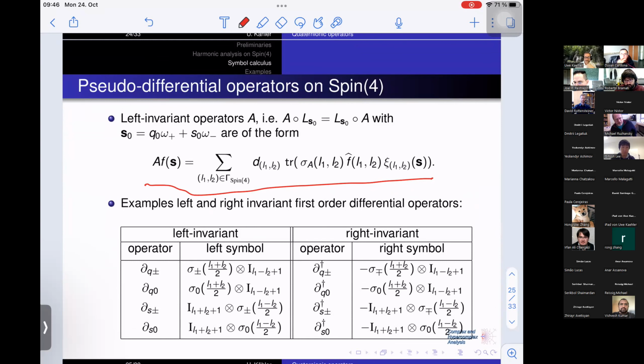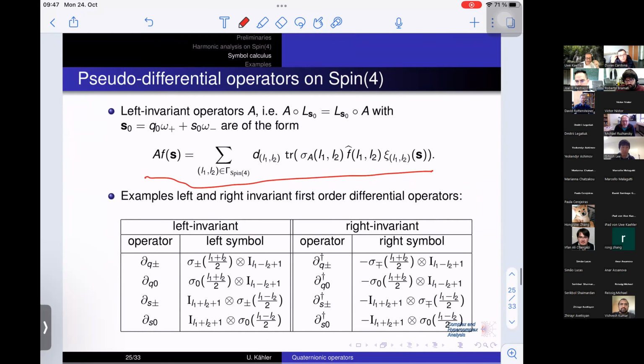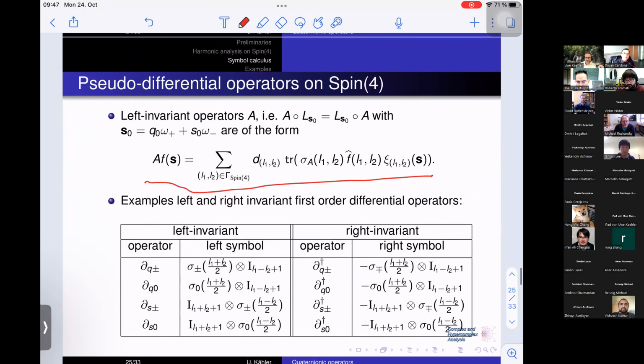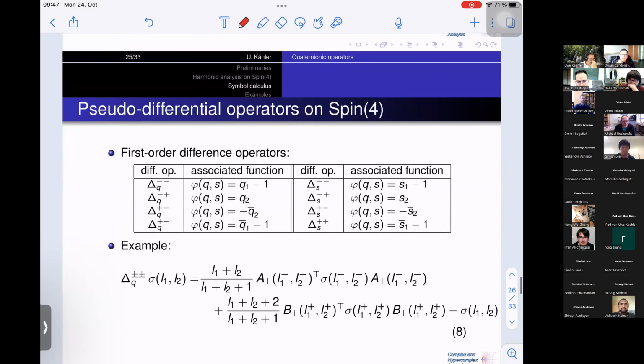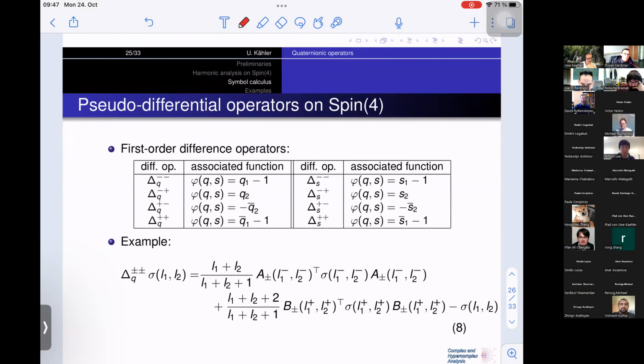And on spin 3, they should be the same as on SU2, I guess. Yes, they're the same as in your paper on SU2. Okay, good, thank you. We actually constructed them to make sure that they look exactly the same as yours. And the difference operators come in this way, where you have these multipliers. You take them from these multipliers, and that gives you the parts.